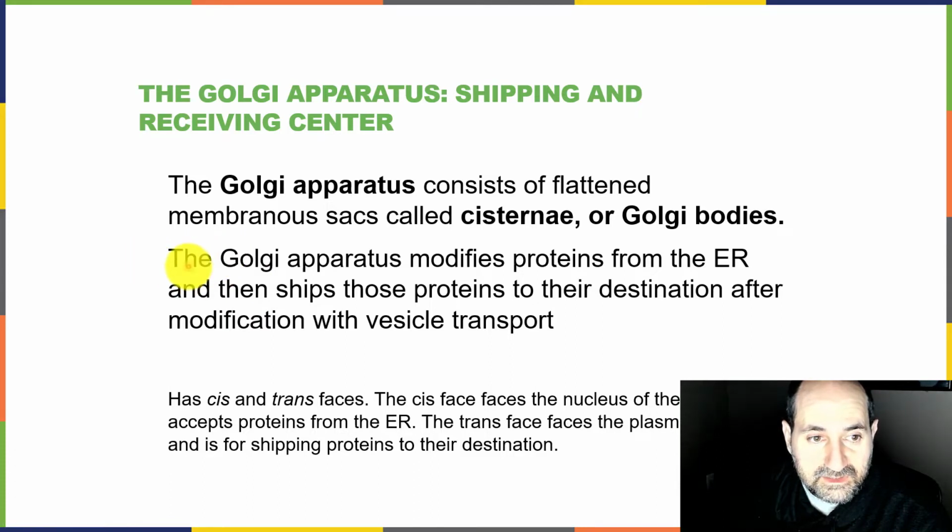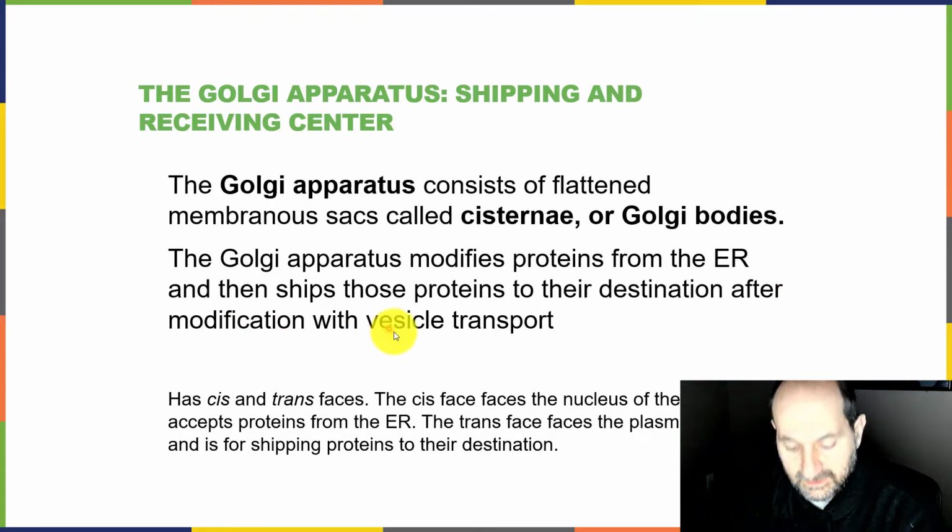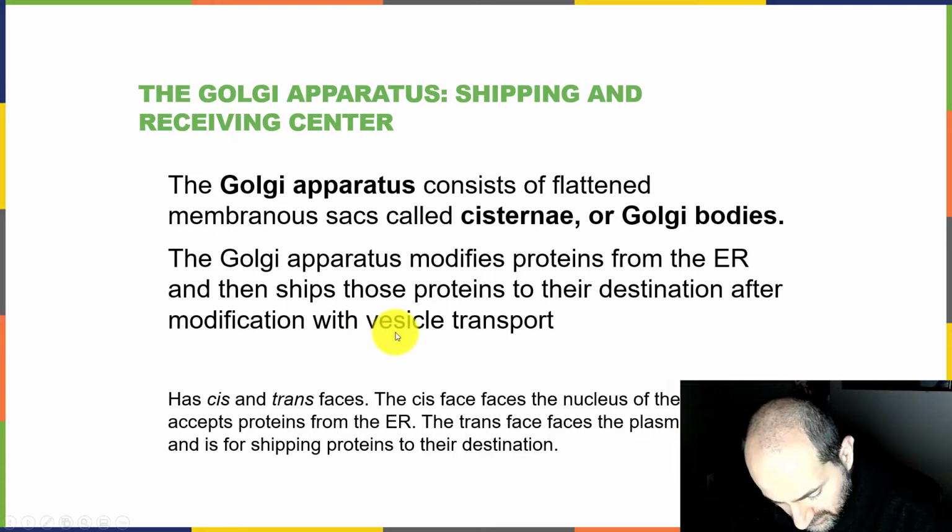I want you to know that the Golgi apparatus modifies proteins from the ER and then ships those proteins to their destination after modifying them. So it's the shipping and processing center of the cell.